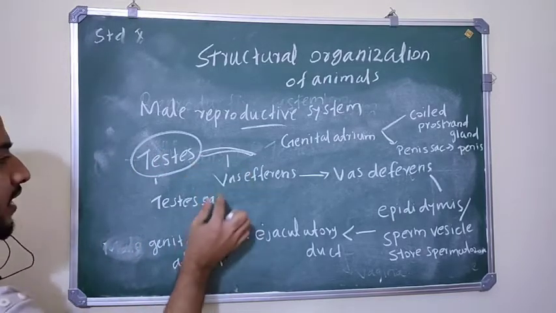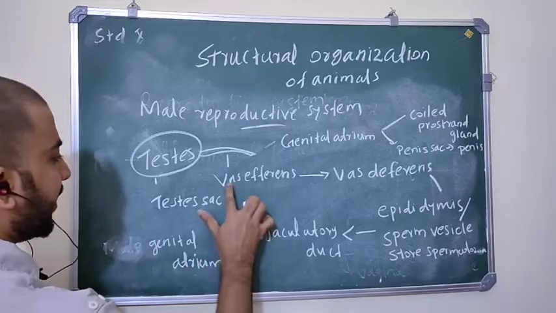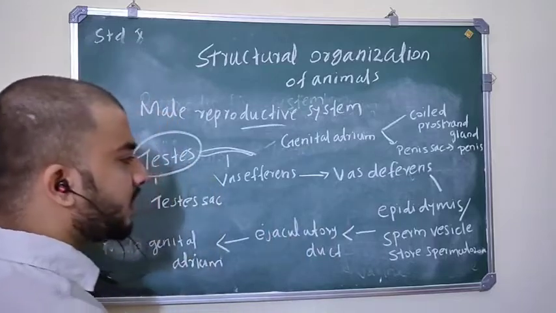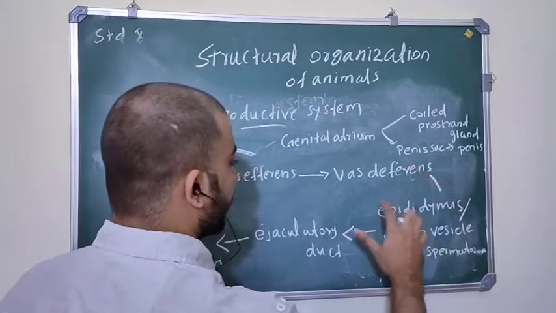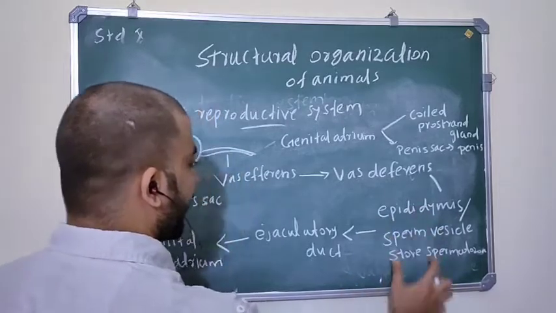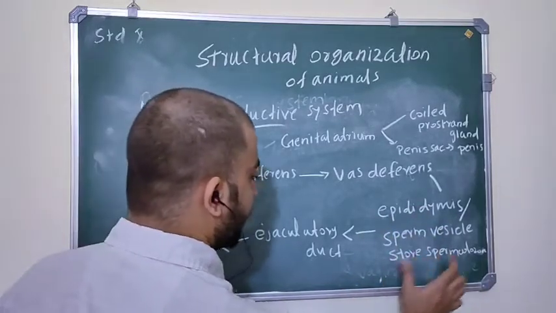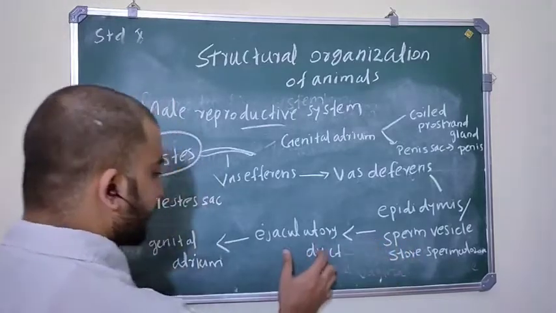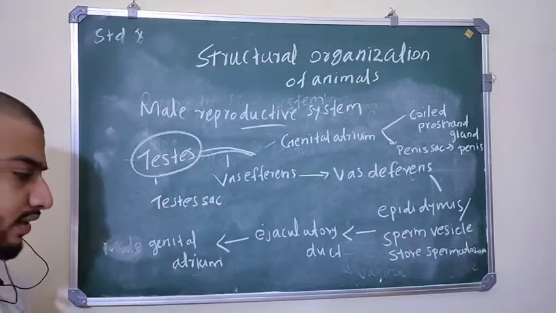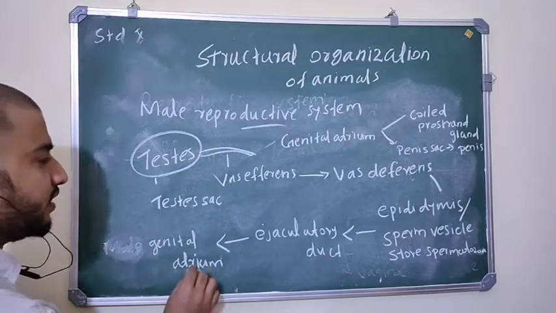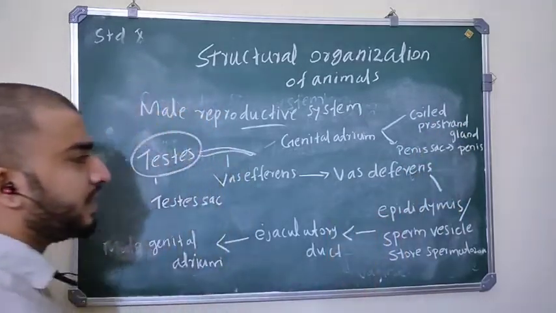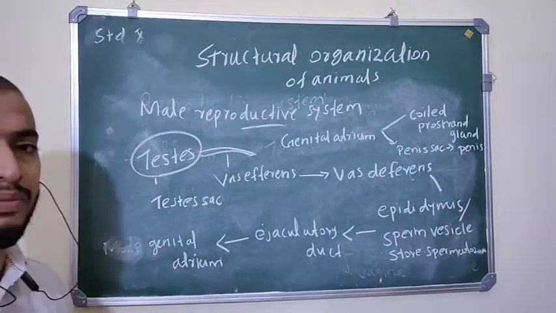From this testis a short duct forms, which we call vas efferens, and this joins with the vas deferens, which is convoluted and forms the epididymis or sperm vesicle. The function of the epididymis is to store spermatozoa, and it is connected to the ejaculatory duct. The ejaculatory ducts from both sides form the genital atrium. This genital atrium has two parts: the coiled prostate gland and the penis sac, which consists of the penis.